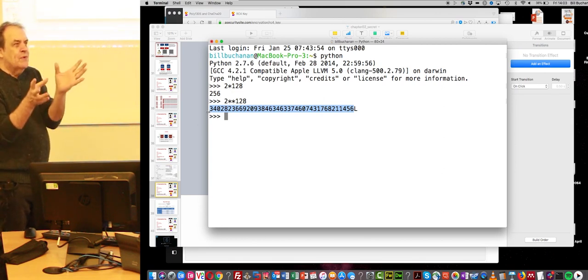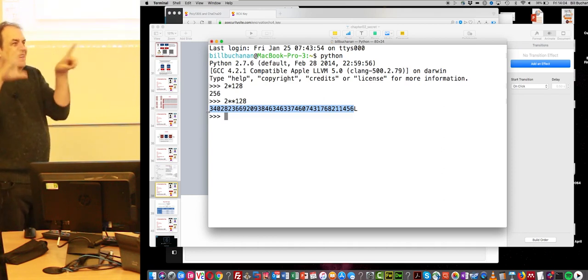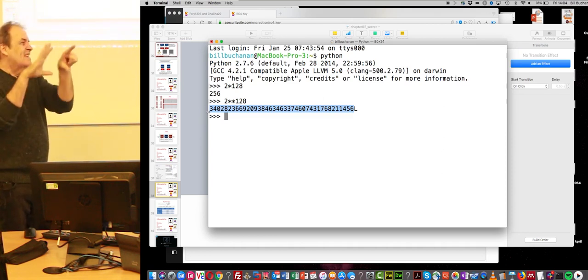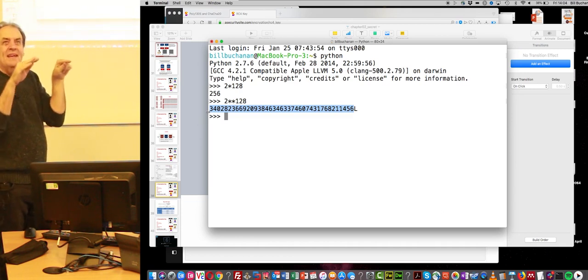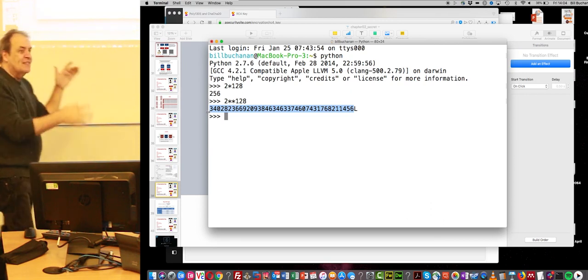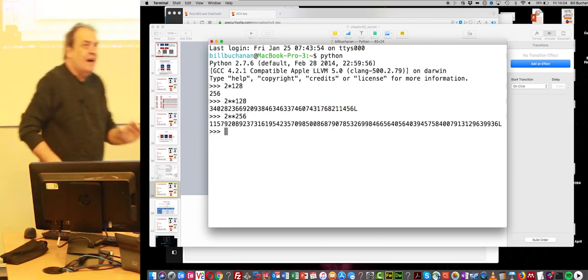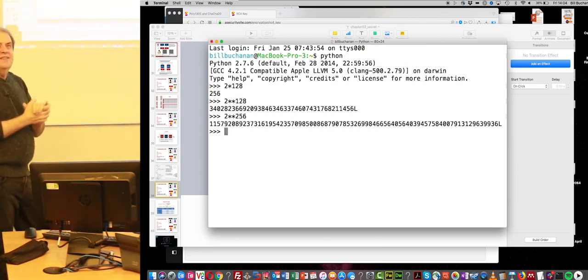No two people who create the same 128-bit number is ever likely to have the same one again. So if it's completely random, you're safe. If it's 256-bit, that's the number of keys that you have.